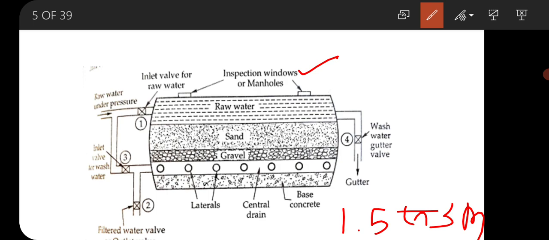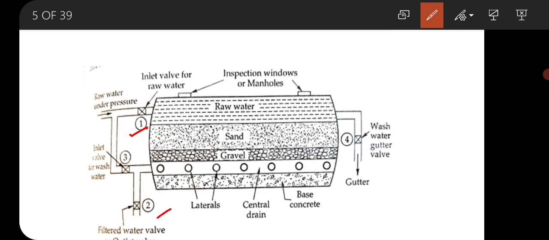So under normal working condition, for this type of filter, coagulated water under pressure enters the filter vessel through inlet valve 1. So this one is the inlet valve which is marked as 1, and the filtered water is taken out through the outlet valve 2.